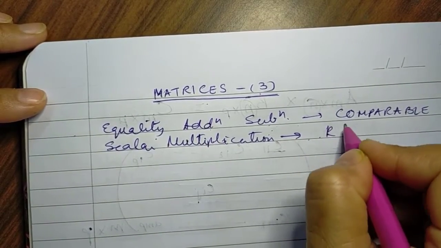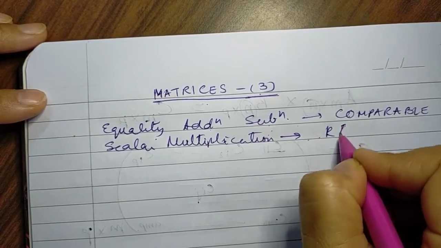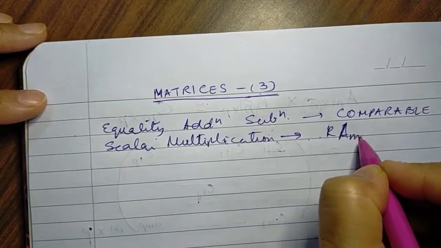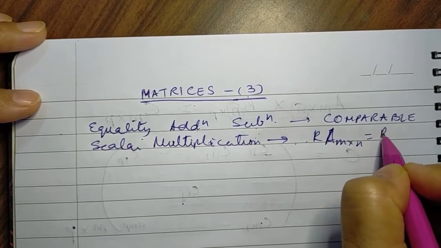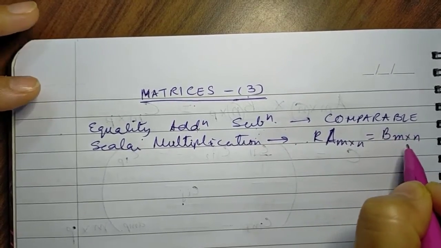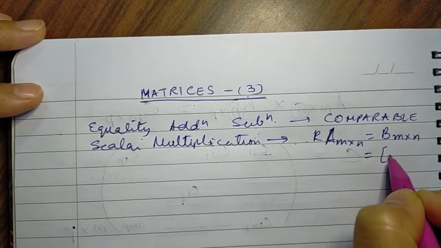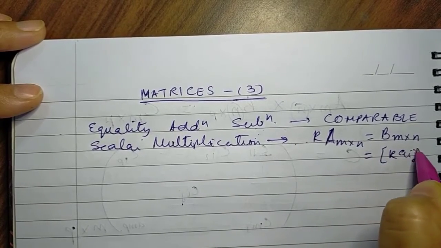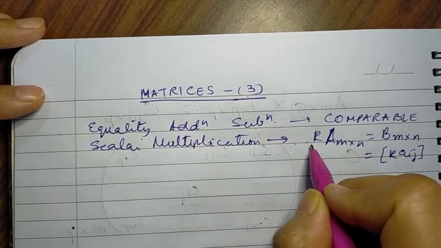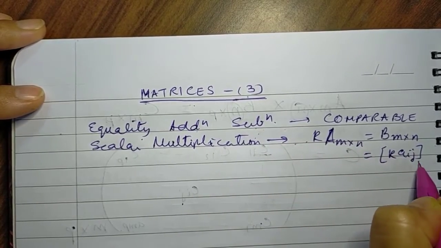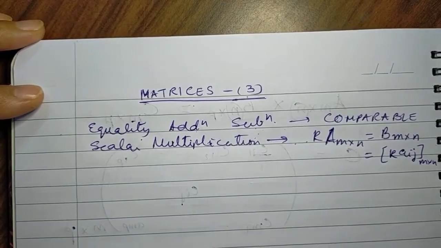That is, if we write k into A, which is an m by n matrix, we get back another m by n matrix, which is called B, which can be defined as each element of this being k times the elements of the original matrix. So it's another m by n matrix.